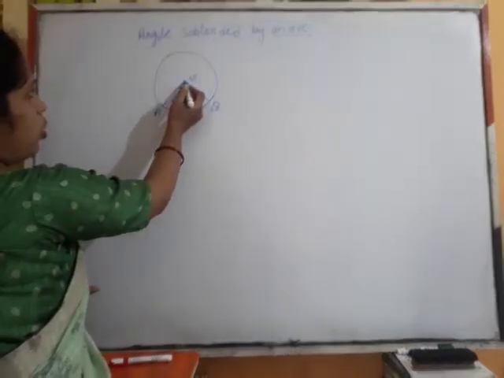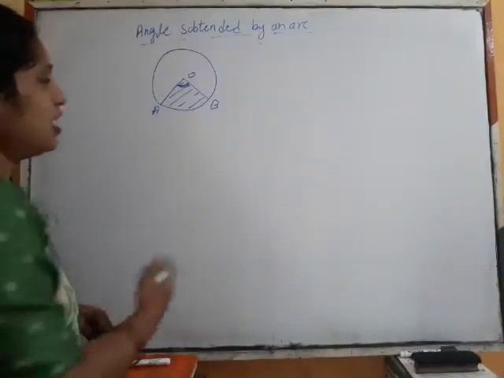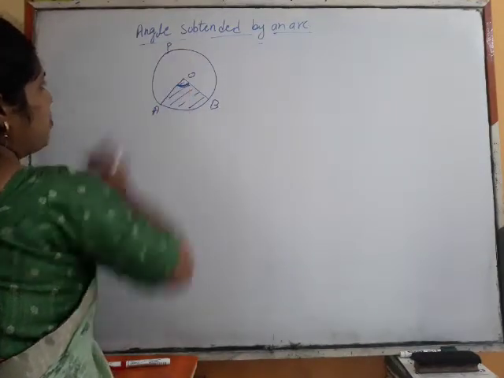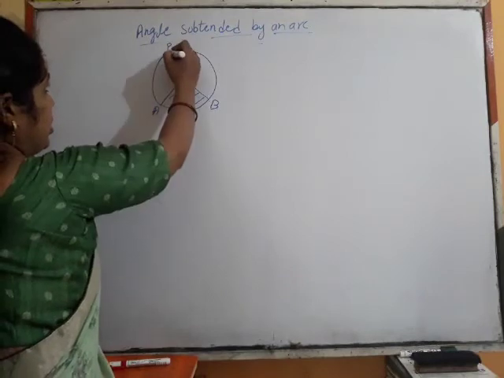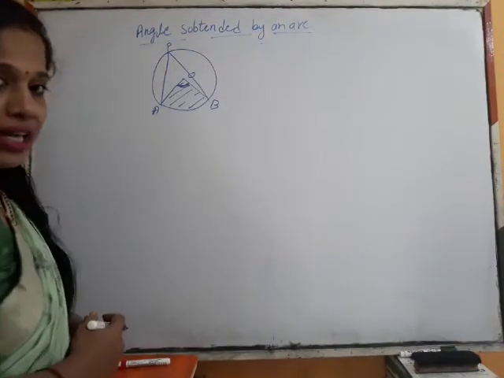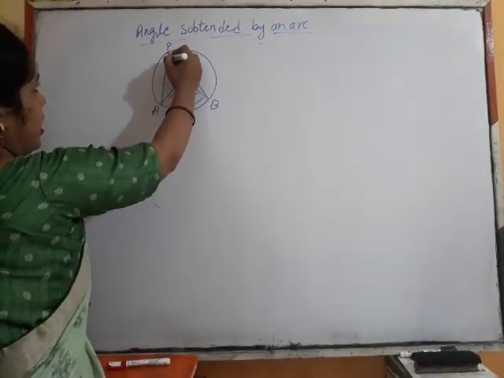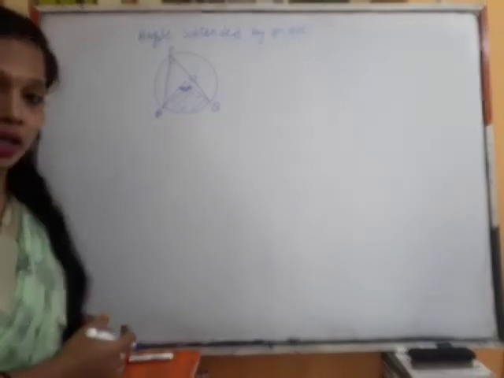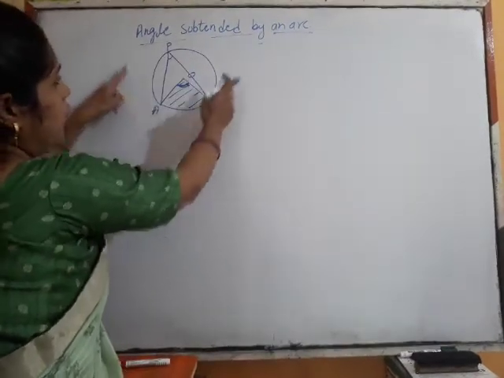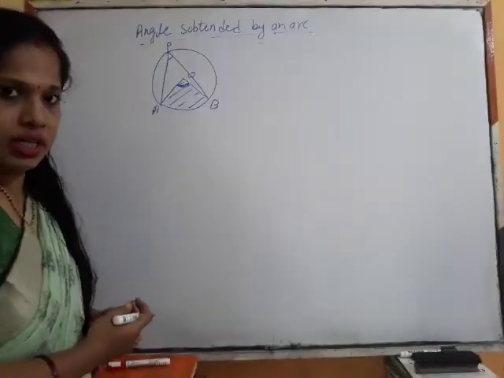This O is the point which is inside the circle. Let us take this point P. Now let us join P to both the ends of the arc like this. So the arc is subtending an angle here also. This is a point on the major sector of the circle.